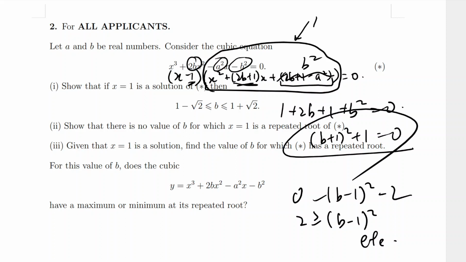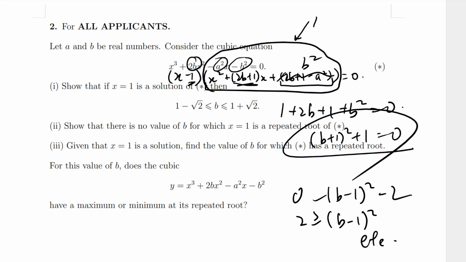Okay, now part 3. Given that x equals 1 is a solution, find the value of b for which star has a repeated root. That means that, now we know that x equals 1 cannot be the repeated root from part 2. That's really important. So I need this quadratic behind to have only one solution.